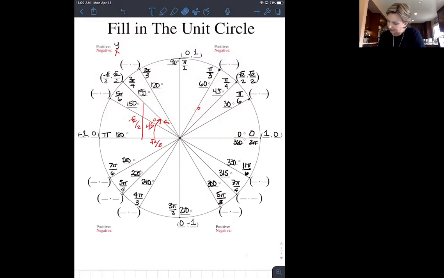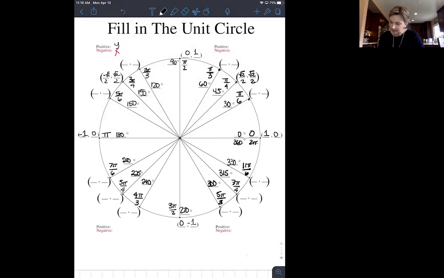All right, so we use the fact that we know the reference angle for 135 degrees is 45 degrees, and just move those two coordinates from quadrant 1 to quadrant 2 and change the sign on the x to negative.